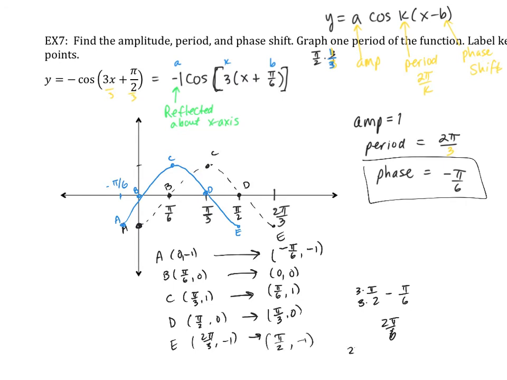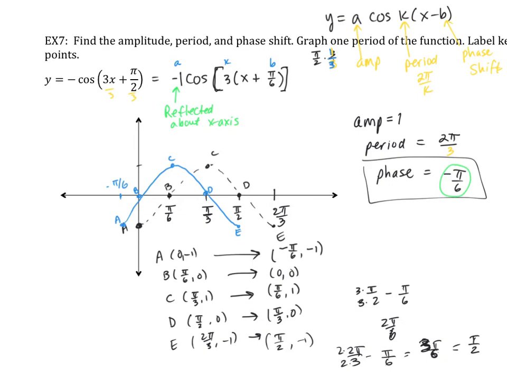So we had 2 pi over 3 minus pi over 6, get a common denominator, so that would be 4 pi over 6 minus pi over 6, which is 3 pi over 6, which is, oh sorry, this is so messy, pi over 2. Okay, so that's basically what you're doing to get your points, you're just subtracting that phase shift from the x values of your key points. And there's our graph.